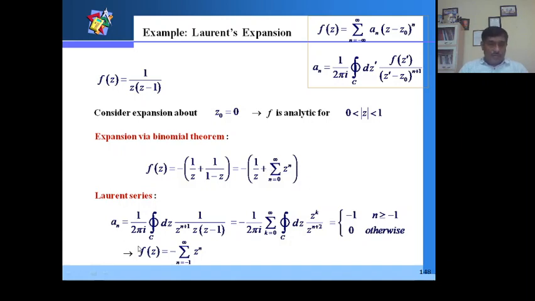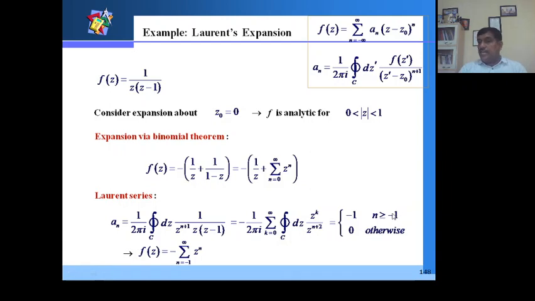A n is equal to 1 by 2 pi i integral upon dz, 1 by z to the power of n plus 1 into z(z minus 1), which is equal to minus 1 by 2 pi i summation k from 0 to infinity, integral upon C, dz, z to the power of k divided by z to the power of n plus 2.